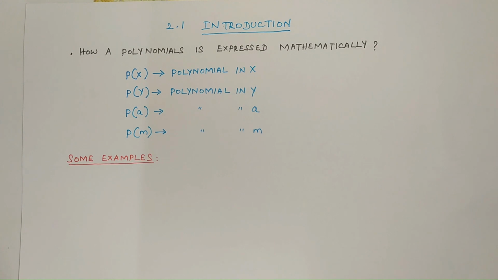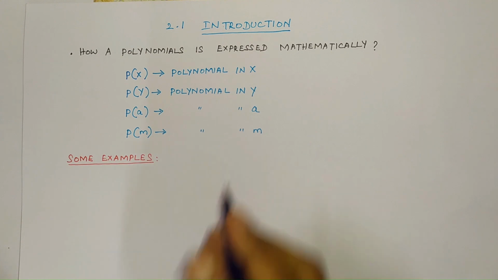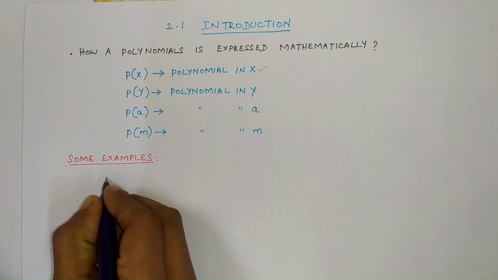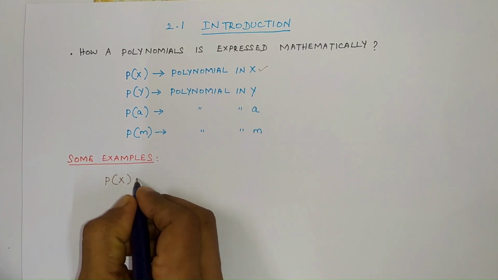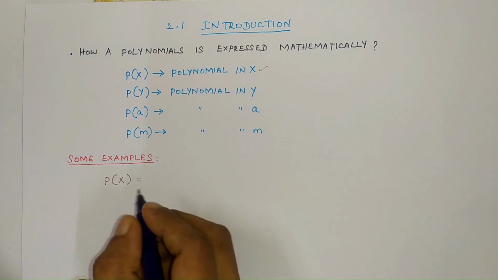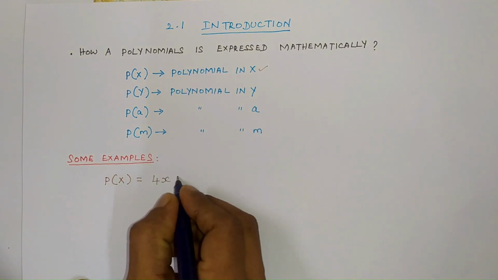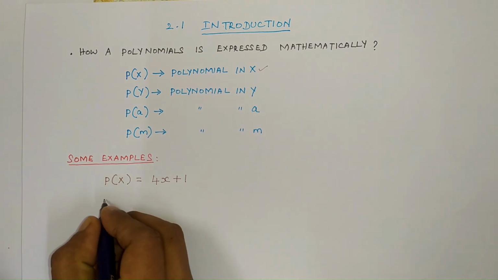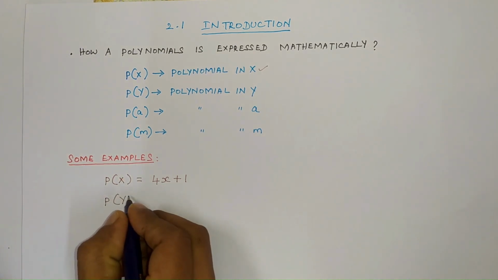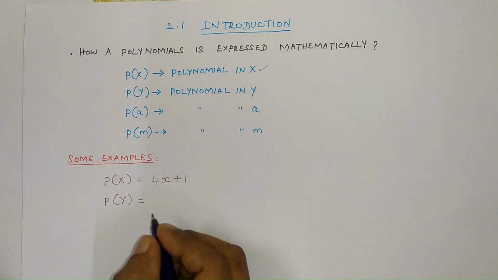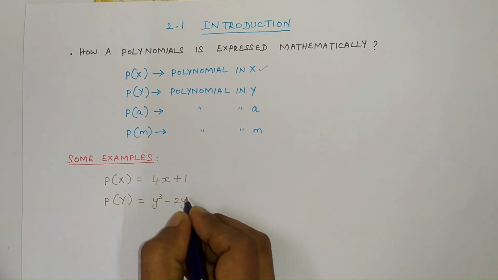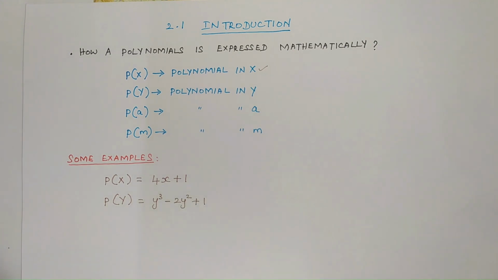For example, I want to write a polynomial in x. How do I represent it? I represent it by p of x. So p of x is equal to, for example, say 4x plus 1. I can also have p of y is equal to, say, y cube minus 2y square plus 1.